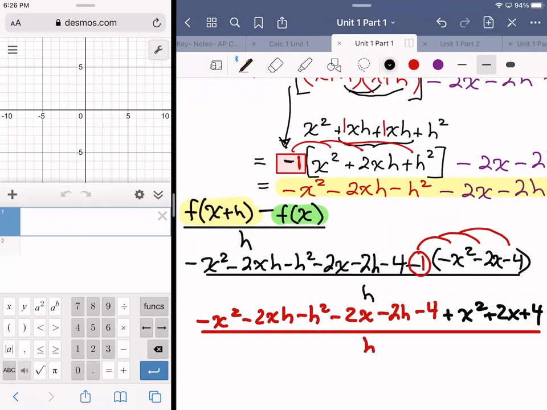And running through that distributive property shows that you have opposites. All right, negative x squared, positive x squared. Negative 2x, positive 2x. Negative 4, positive 4. They're exact opposites. They cancel out. Boom, boom, boom, boom, and one final boom.